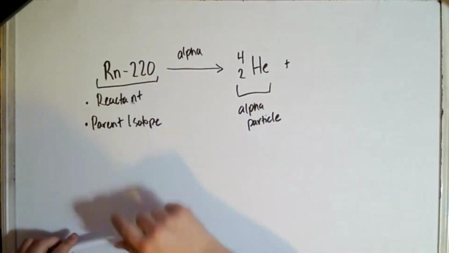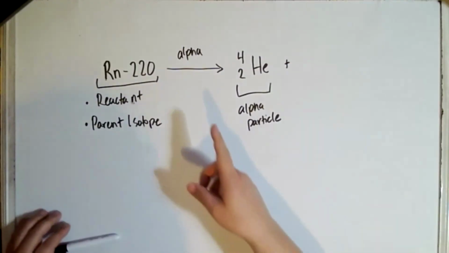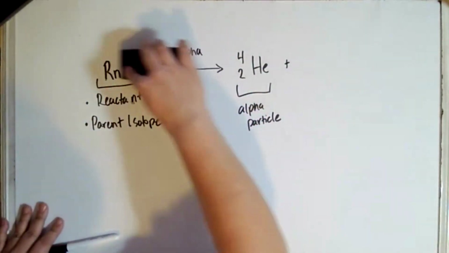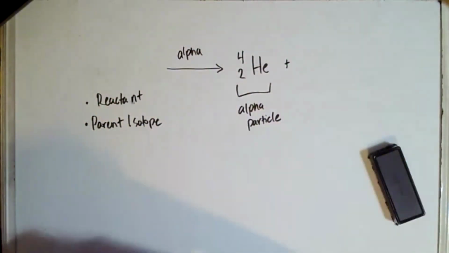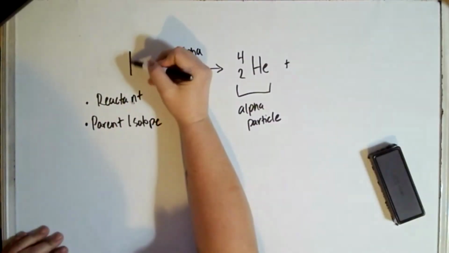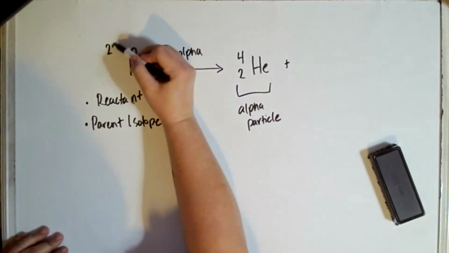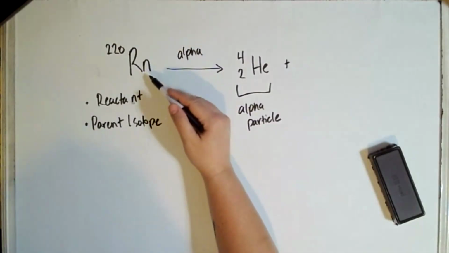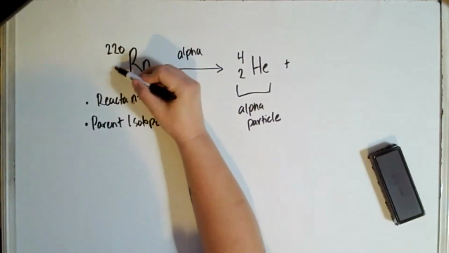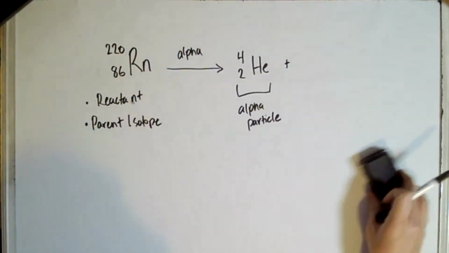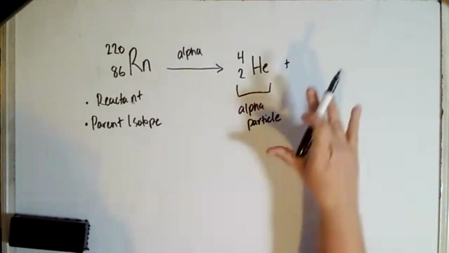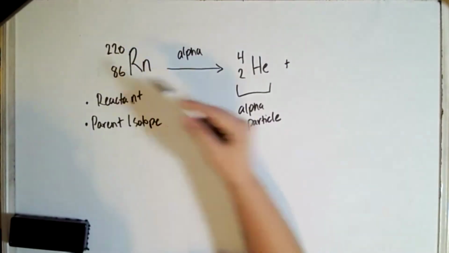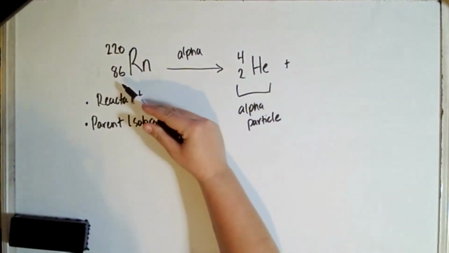So let's take our Rn-220 and rewrite it in the same format we have our helium nucleus written in our alpha particle. We'll write the Rn, we'll write the 220 up here, and then we'll look up the atomic number for Rn, and we see that it is 86. Now we know that whatever's on the product side, the top numbers have to add up to 220, and the bottom numbers have to add up to 86.